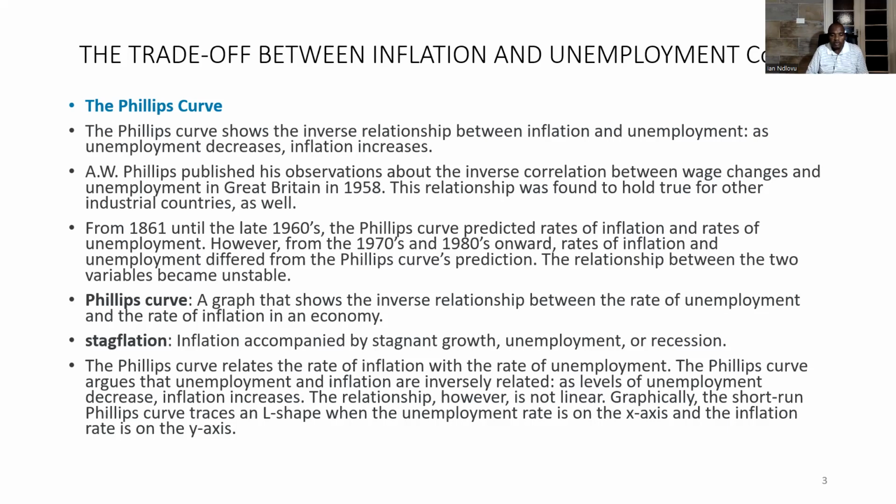So it was discovered that when you are looking at a longer range of data, the relationship between the two variables became unstable and in some instances broke down. So the Phillips curve is a graph or a diagram which depicts an inverse or negative relationship between the unemployment rate and the rate of inflation in an economy.